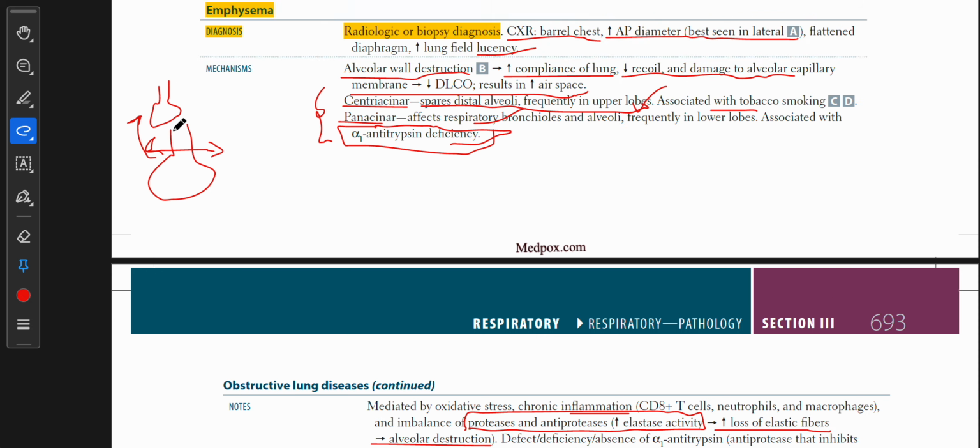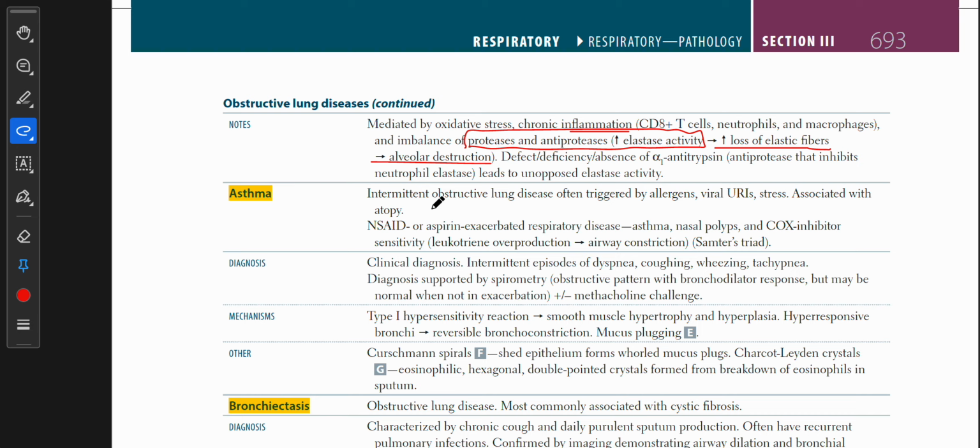These dilated alveoli cannot recoil back and cause permanent dilatation, and if it increases, that will cause blebs, which are bubbles, and if that is also complicated, the blebs rupture, causing pneumothorax, and you see hyperinflation in lungs.